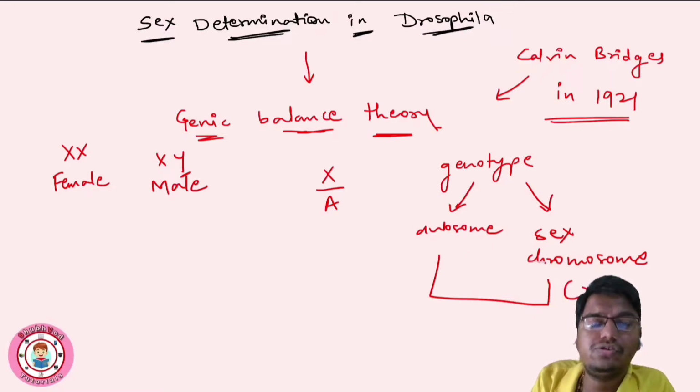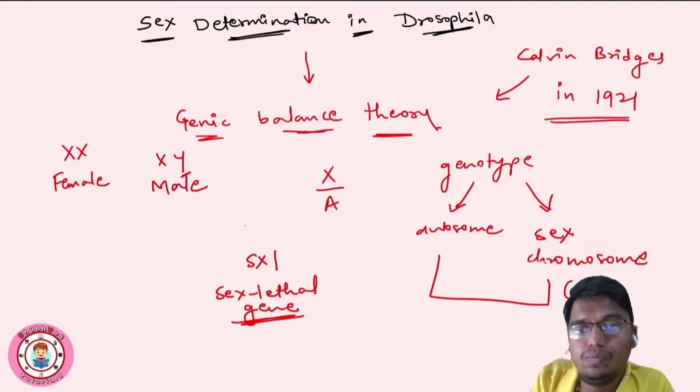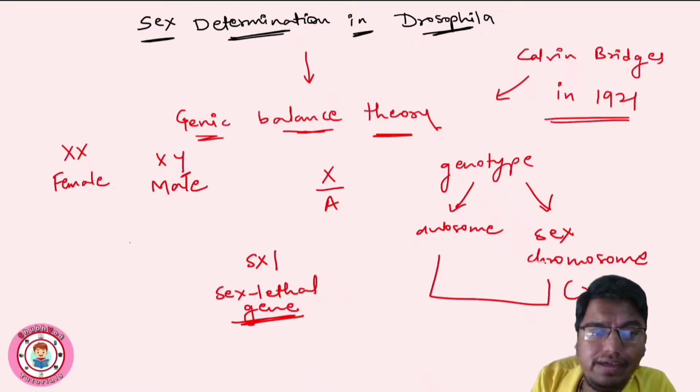This ratio is very important, and it is controlled by the SXL, that is the sex lethal gene, present on the X chromosome of the Drosophila.